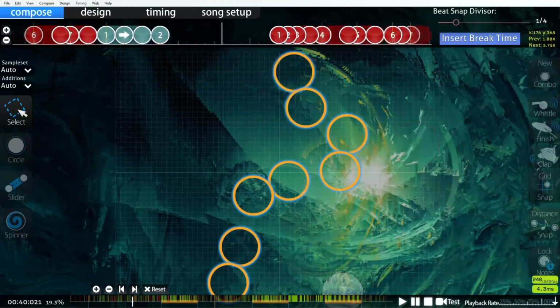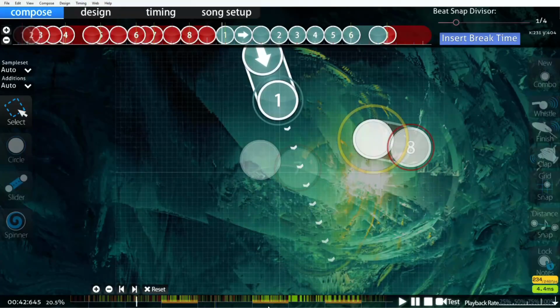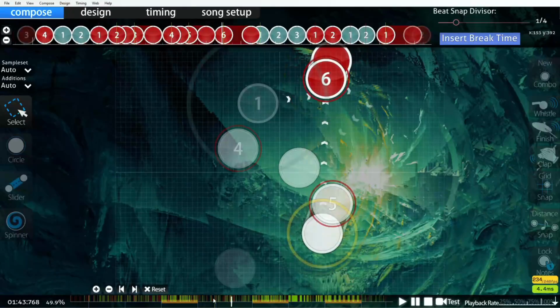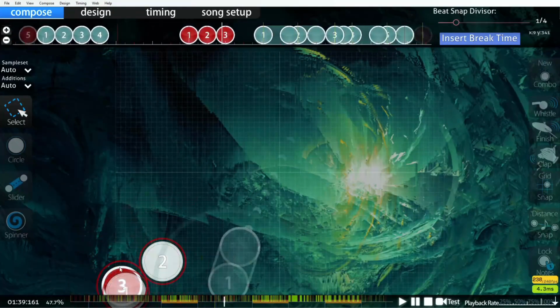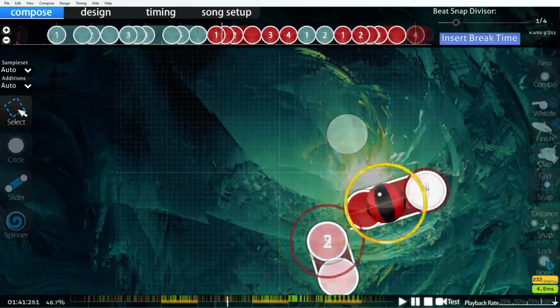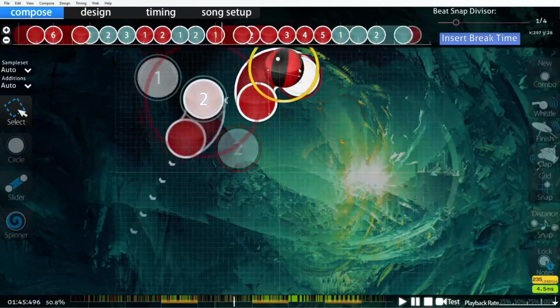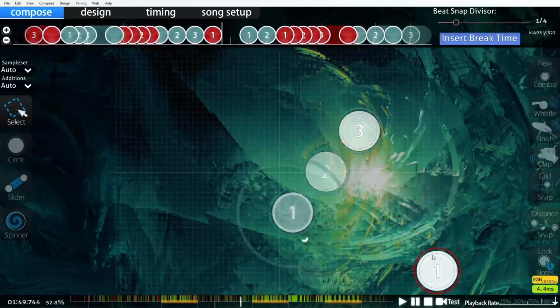This one? But it's a buffed version of that pattern, because this section obviously is more intense than that one. A lot more clickable objects as well.